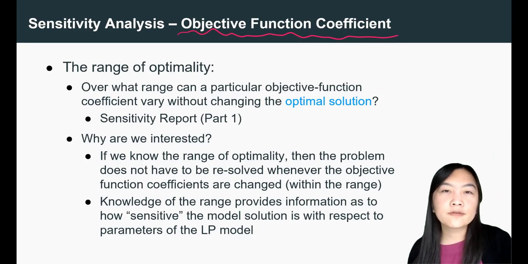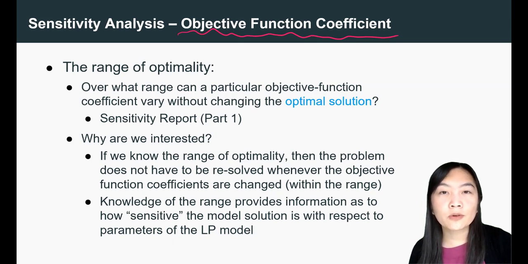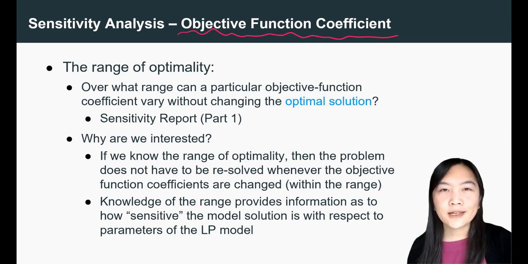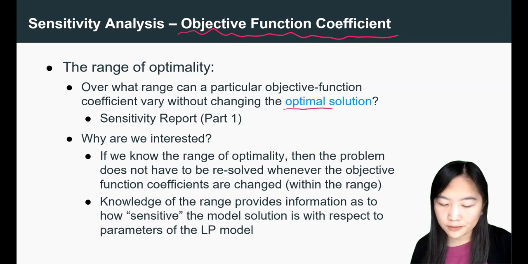For the objective function coefficient, what we can get from the sensitivity report first is the range of optimality. What that means is it can tell you over what range a particular objective function coefficient can vary without changing the optimal solution.